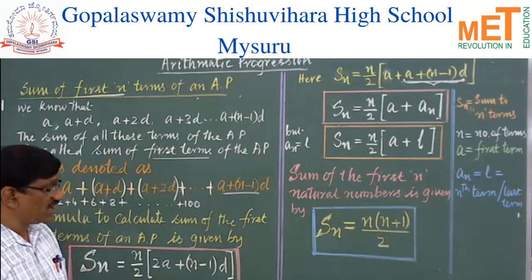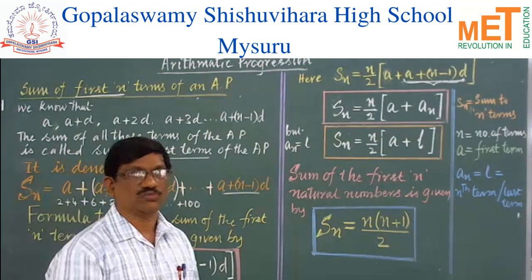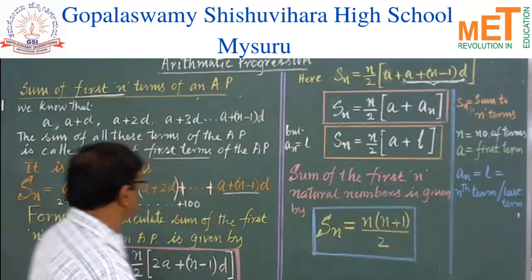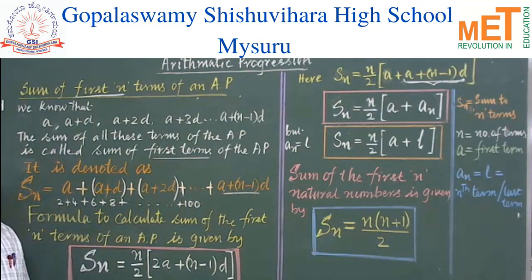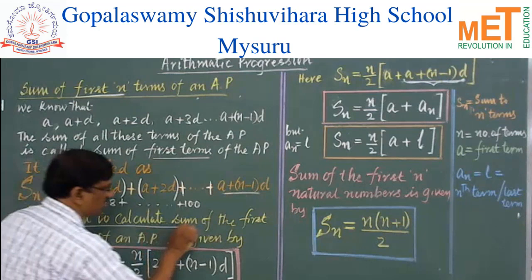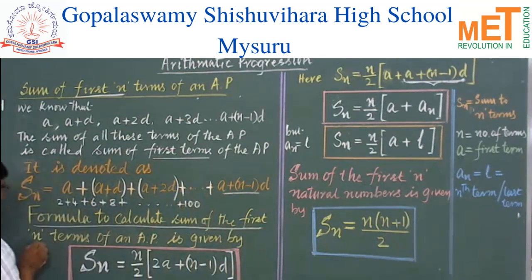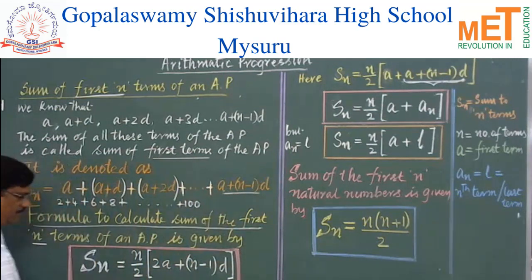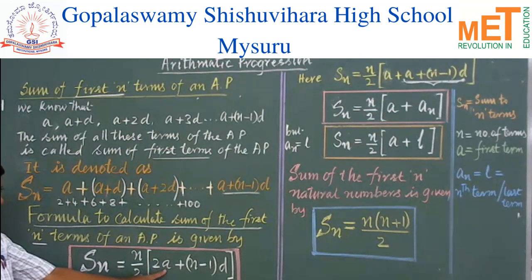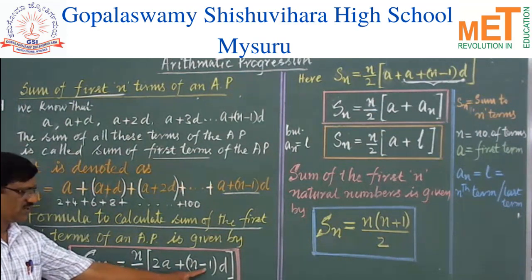So to avoid that, we have a formula to calculate the sum of the first n terms of an arithmetic progression. What is that formula? The formula to calculate the sum of the first n terms of an arithmetic progression is given by Sn equals n by 2 into 2a plus n minus 1 into d.